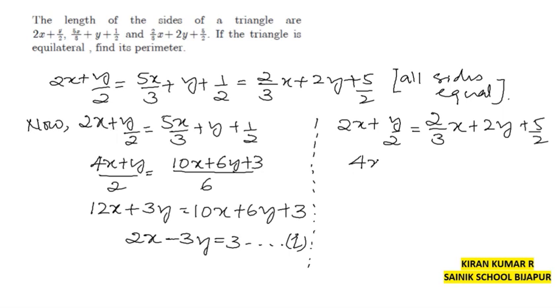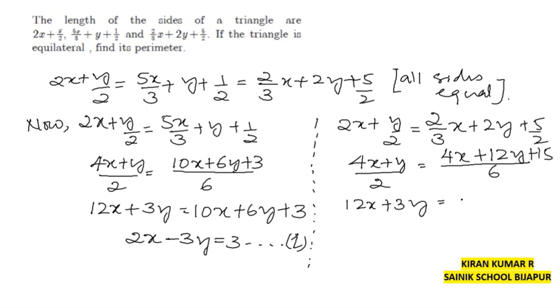We'll be getting 4x plus y divided by 2 equal to, LCM is 6, therefore it is 4x plus 12y plus 15 divided by 6. Now the 3 has to be cross multiplied. We get 12x plus 3y equal to 4x plus 12y plus 15.